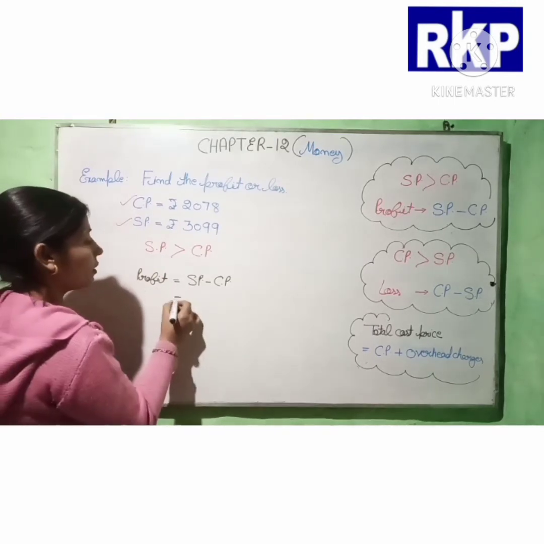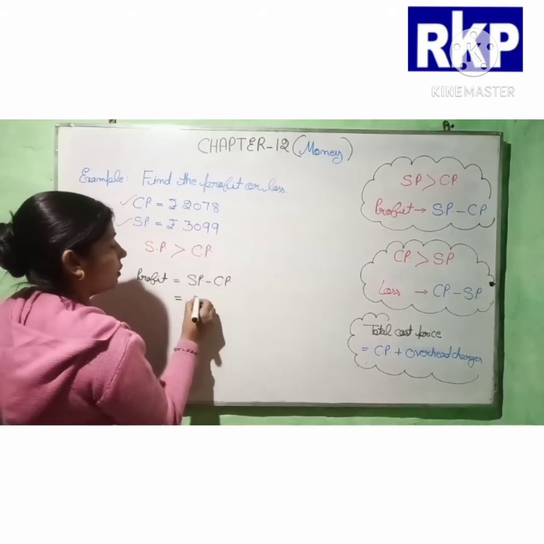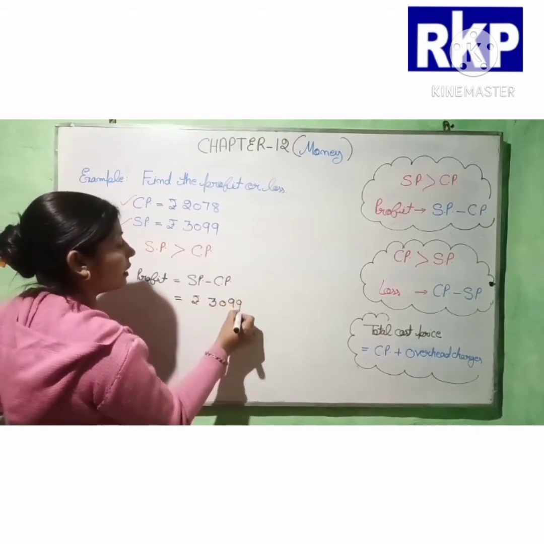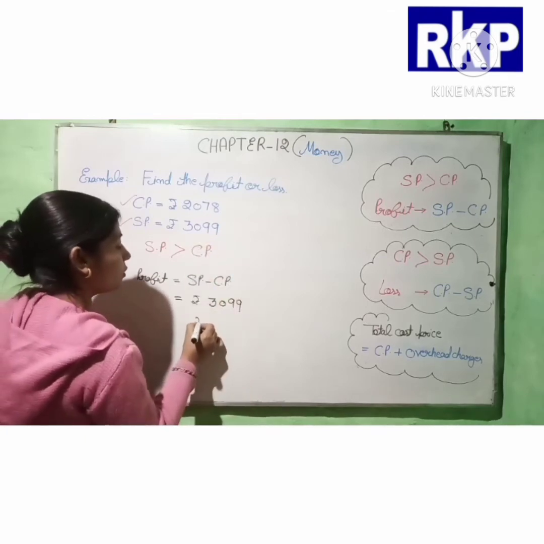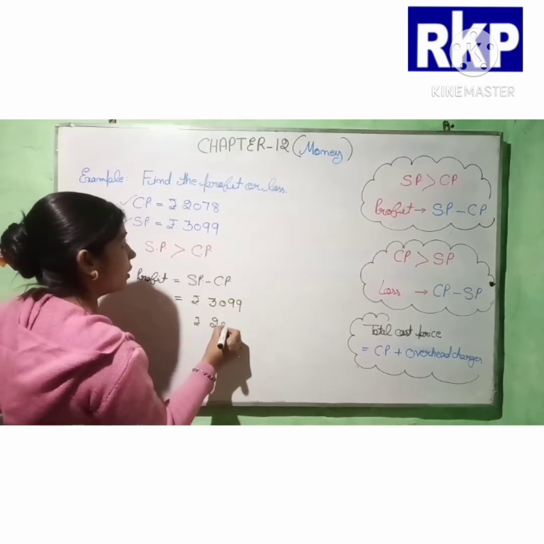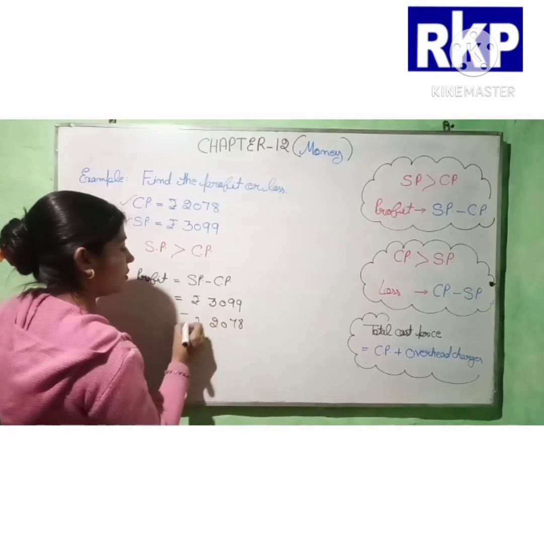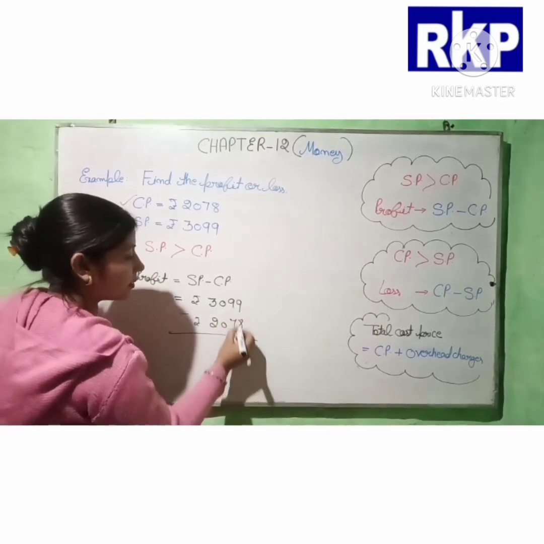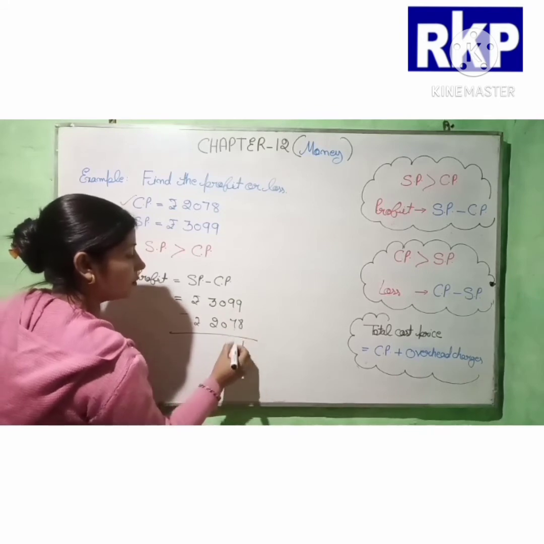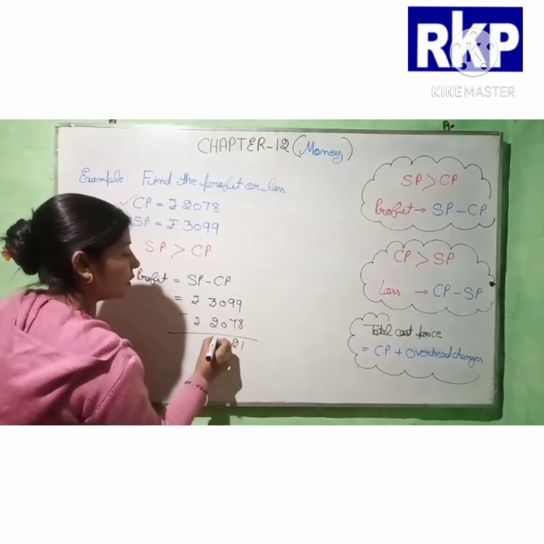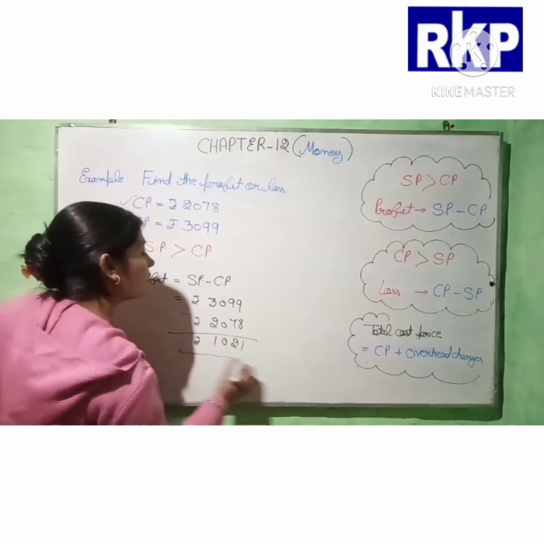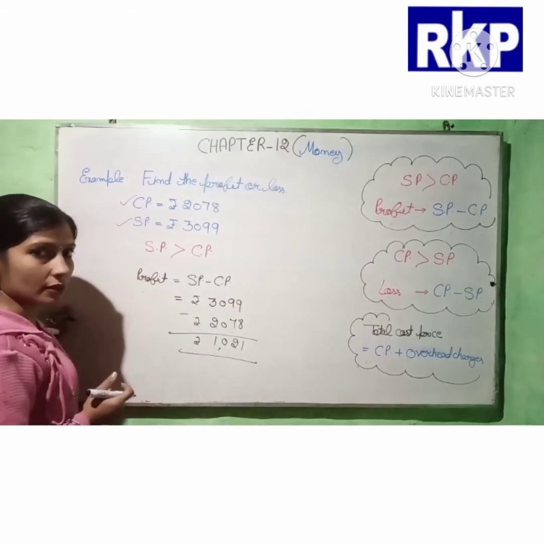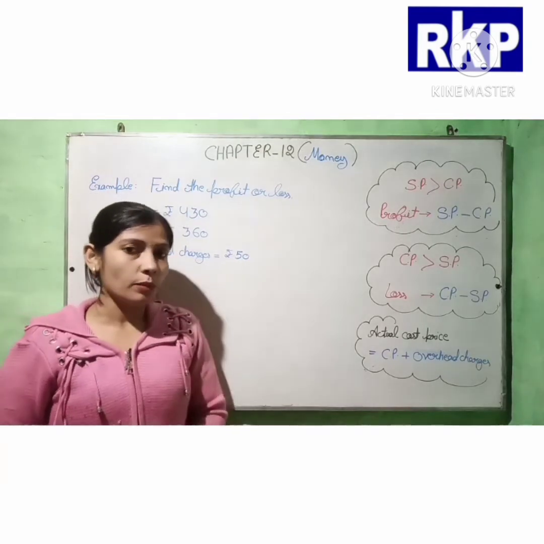So here we write 3099 and then subtract 2078 to find out profit. After subtracting we get 1, 0, 2, 1, meaning 1021 rupees will be the profit.